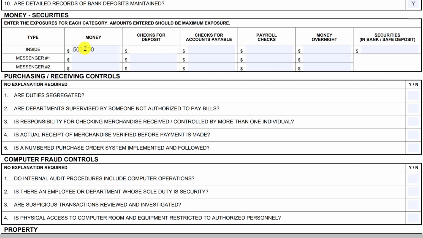Technically, up above I put 500,000 as the total. So in this case, I'm going to say 300,000 of money, 100,000 of checks to deposit, 100,000 of checks for accounts payable.